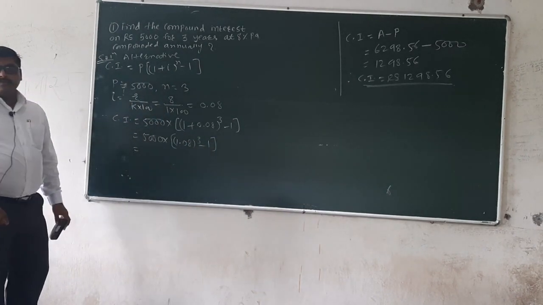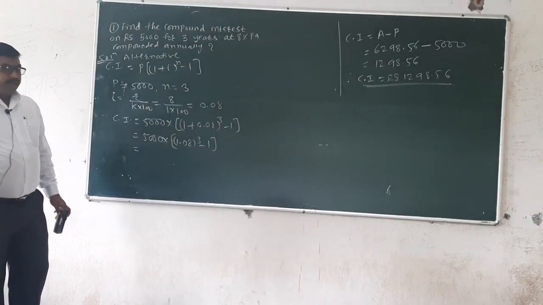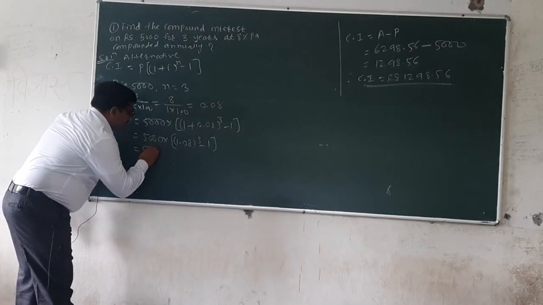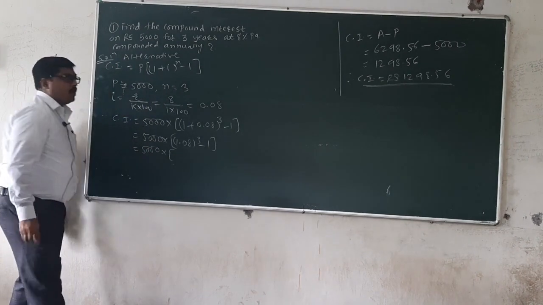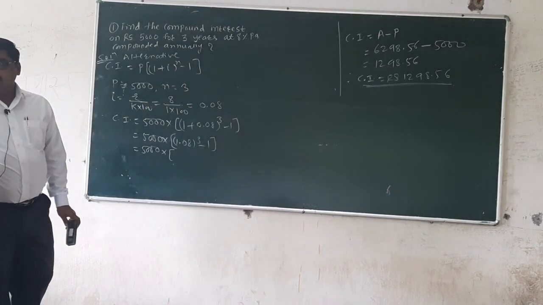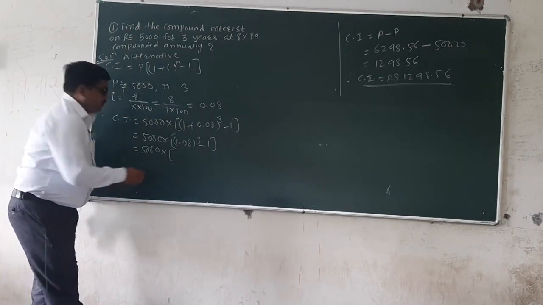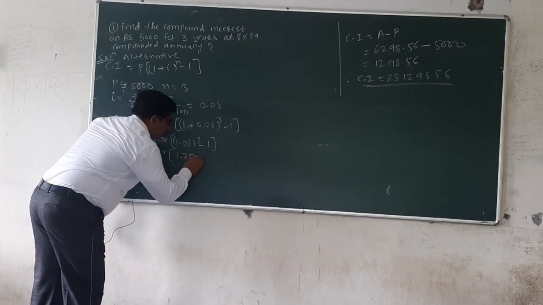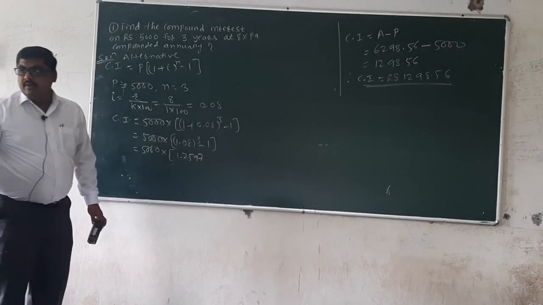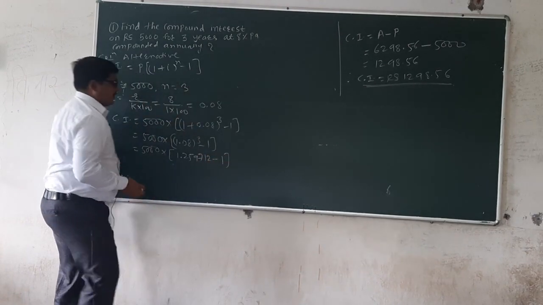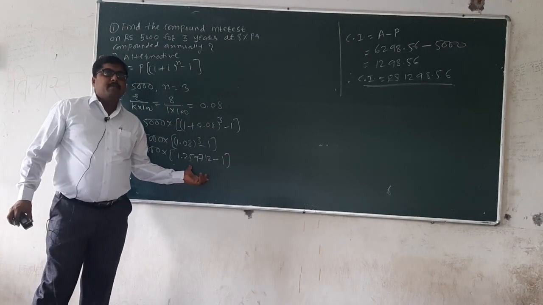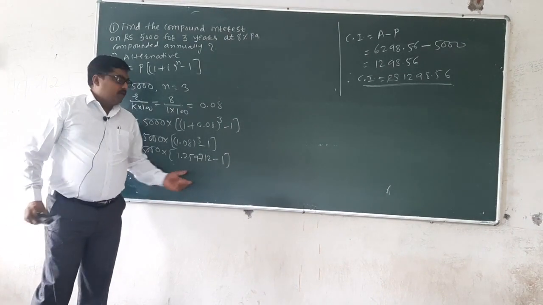So 5000 into 1.08 raised to power 3 minus 1. Again, this can be written as 5000 into 1.259712 minus 1. This value can be calculated by using the calculator.